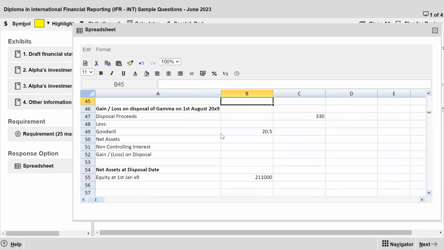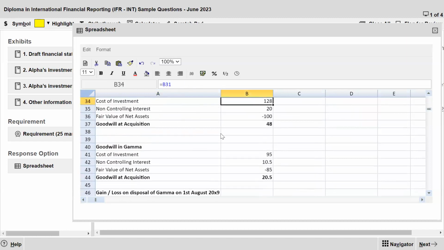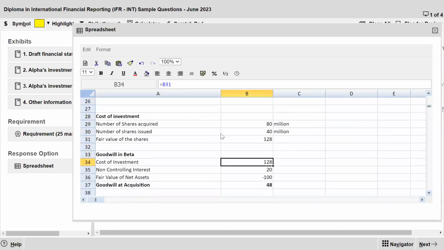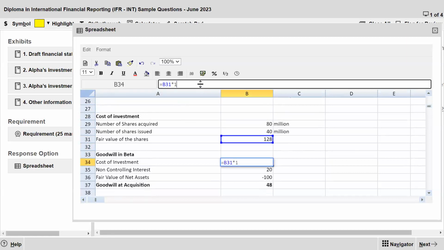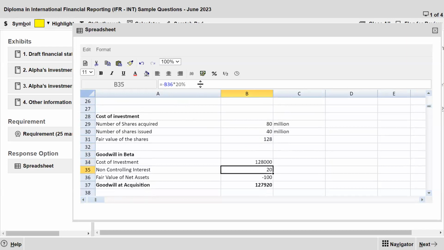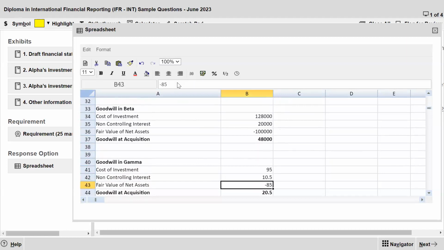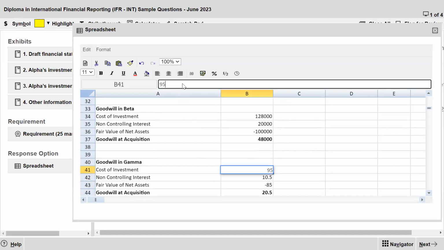There is one thing that I've identified when I'm doing this question. Basically, the whole question is in terms of thousands. So maybe what we need to do is just do it in terms of thousands so that we could make it a bit consistent.